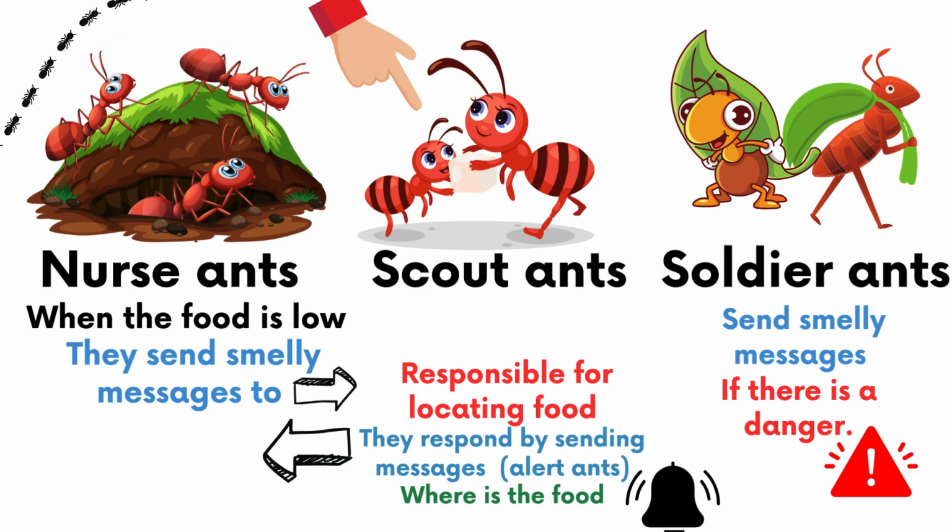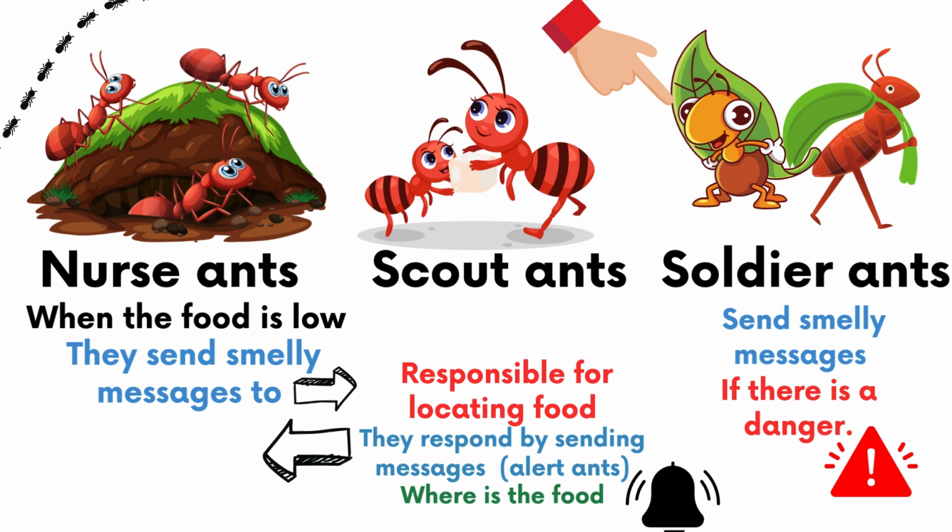So here, these are 2 groups of ants. First, nurse ants send a smelly message to the scout ants when the food is low, and the scout ants respond by sending smelly messages when they find the food. Then we have the group called soldier ants.